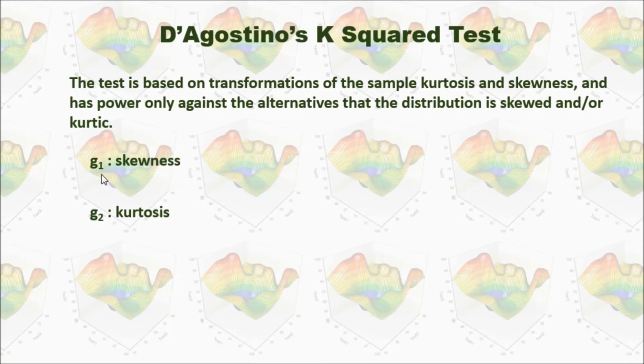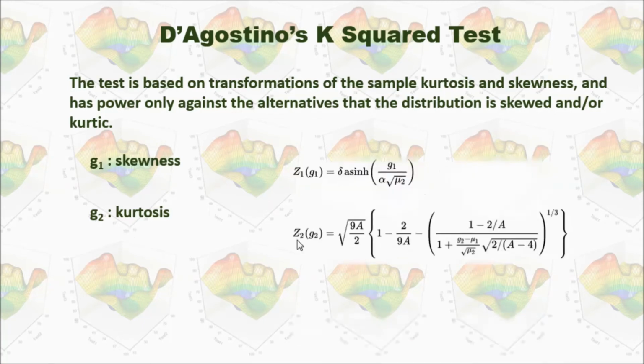If the skewness of this distribution is G1 and kurtosis is G2, then we can convert skewness and kurtosis based on this formula and get Z1 and Z2. I got this formula from Wikipedia.